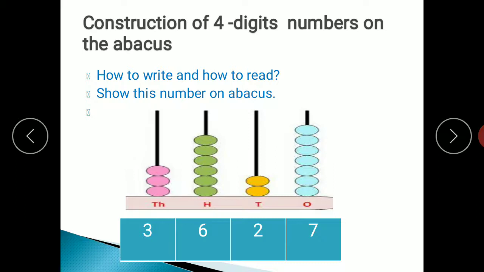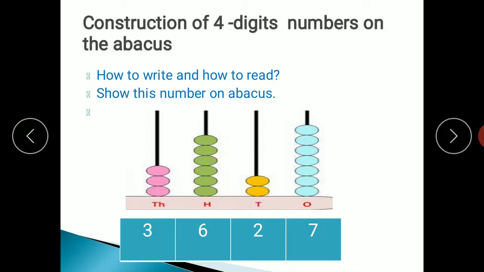Now let us see in the tens place how many tens are there? 2 tens. 2 into 10, that is 20. Now in the 100 place how many hundreds are there? 6 into 100 is 600. Now in the 1000 place how many thousands are there? There are 3. 3 into 1000 is 3000.